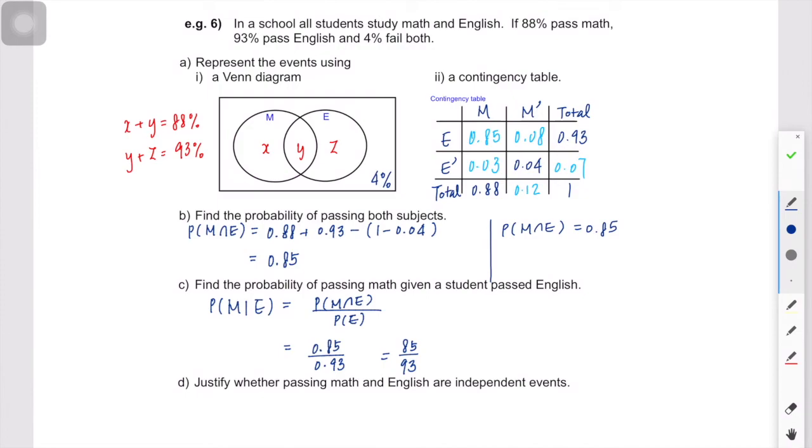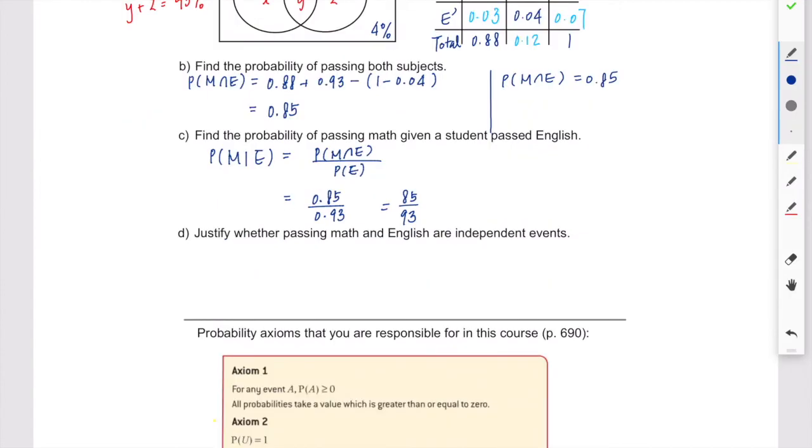Part D, justify whether passing math and English are independent events. There are two ways to do this, okay? So you can either compare, from the very first page of this lesson, is the conditional probability equal to the probability of passing math, the subject here? So what's the conditional probability?